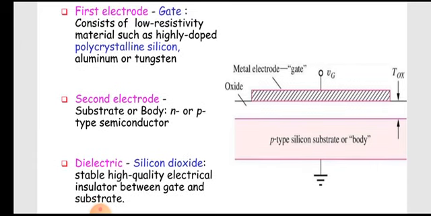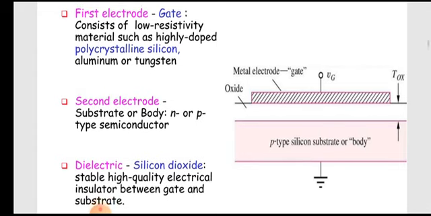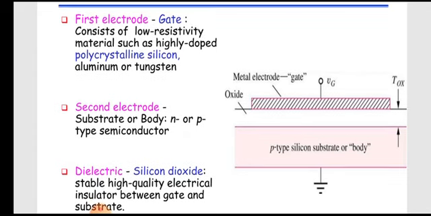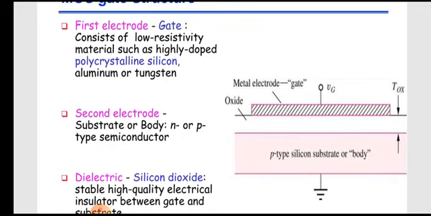Here we can see from the diagram that at the bottom layer we are connecting the base with the ground, so that it becomes 0. We are using a p-type silicon substrate as the body. Then we have a white line, the oxide layer, then we have a metal.